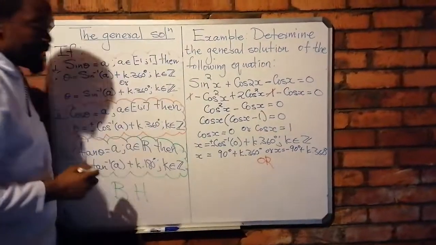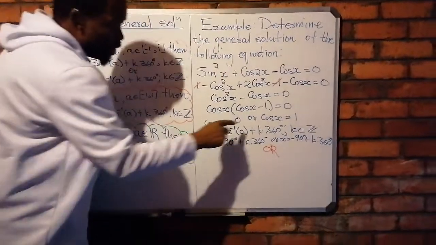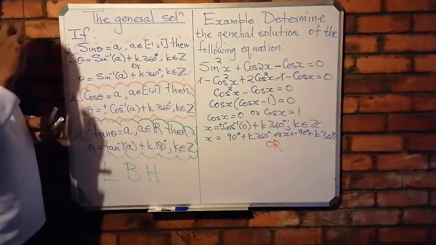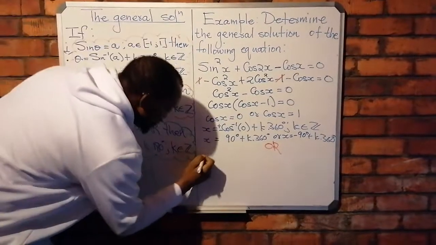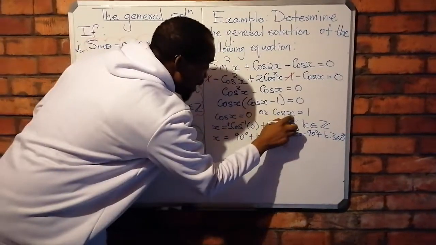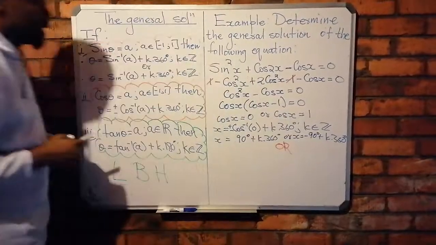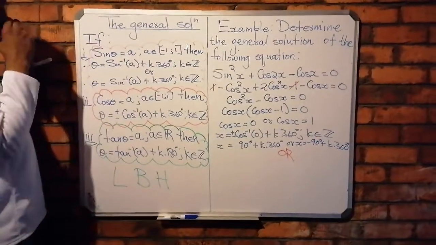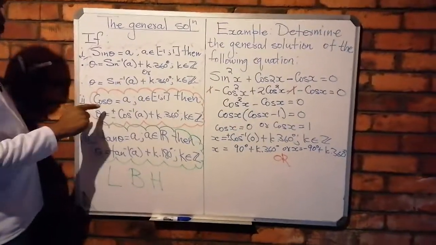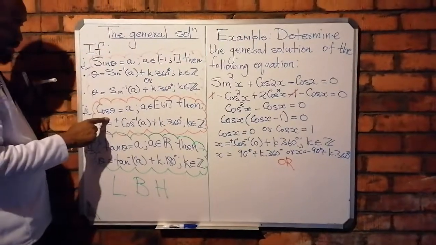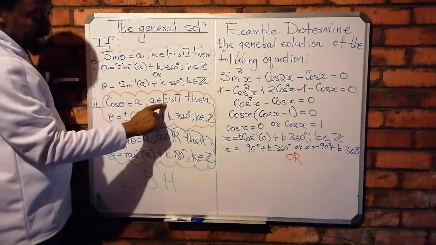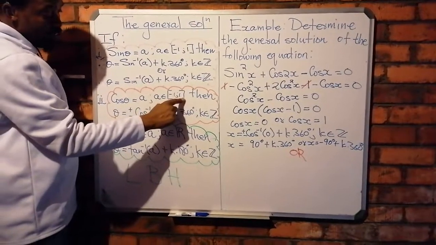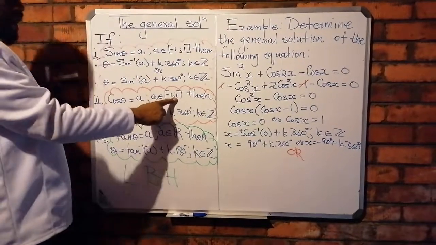Now I'm going to equation 2. Equation 2 says cos x is equal to 1. Now, I'm coming this side. Cos x is equal to 1. I'm there again. It must be greater or equal to minus 1, less or equal to 1.